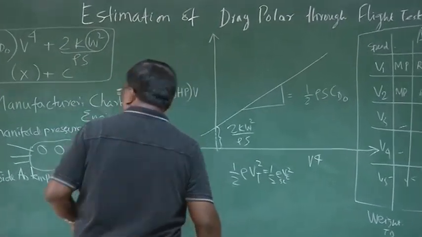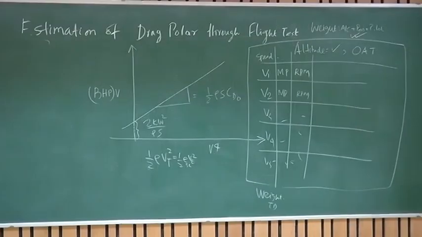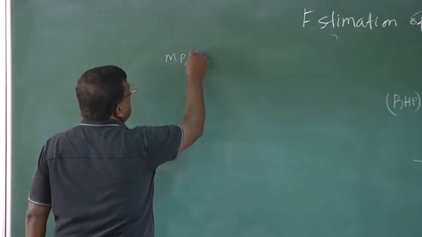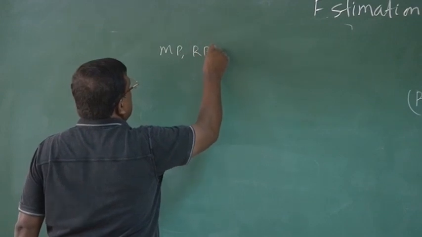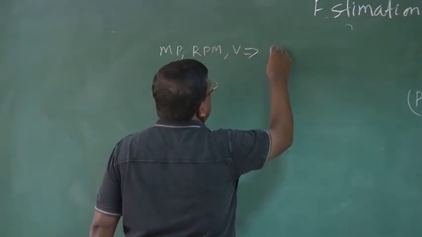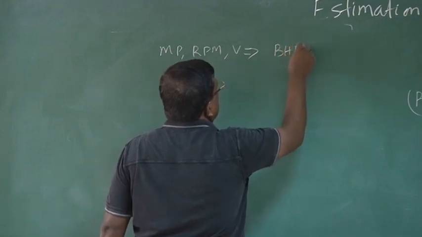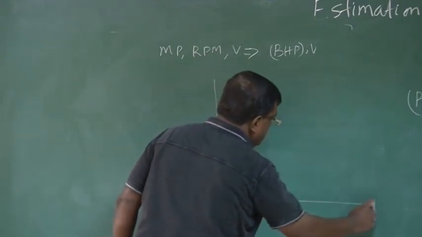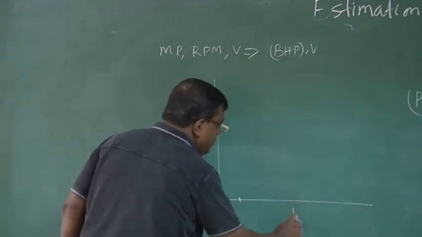And now I will plot. You know the manifold pressure, you know RPM, you know V. So you are calculating the BHP into V. This is V to the power 4.